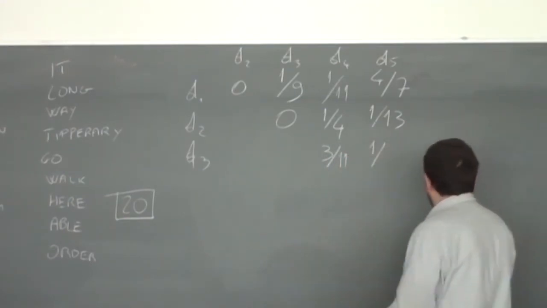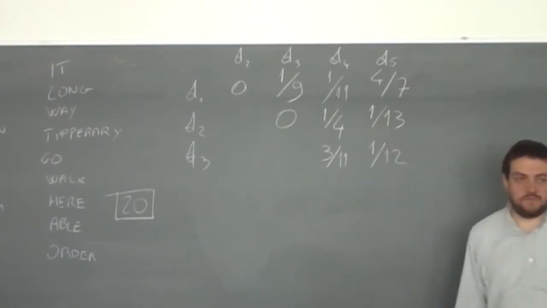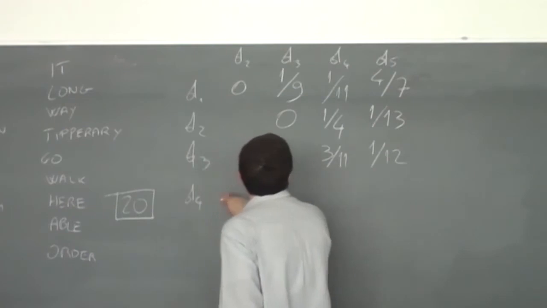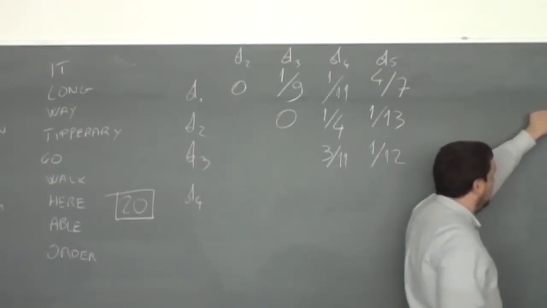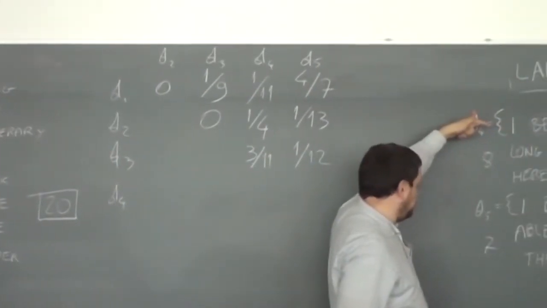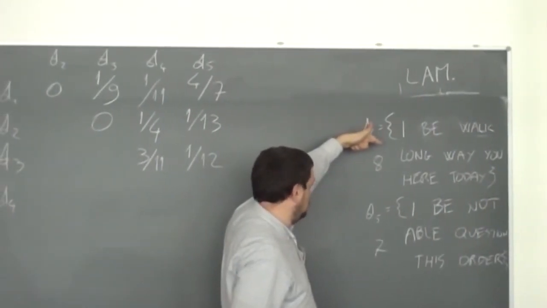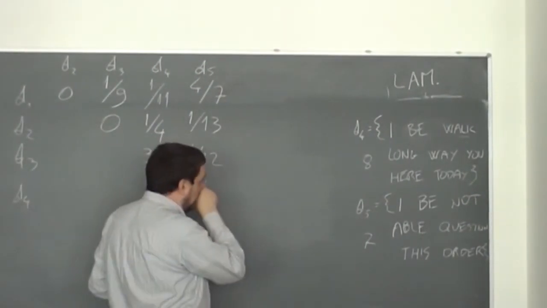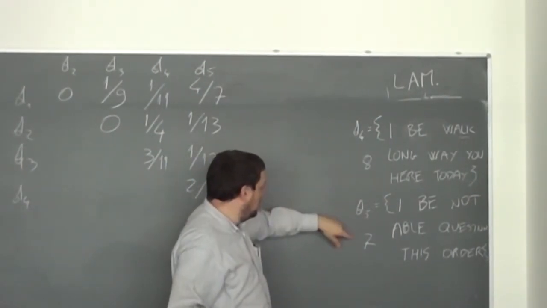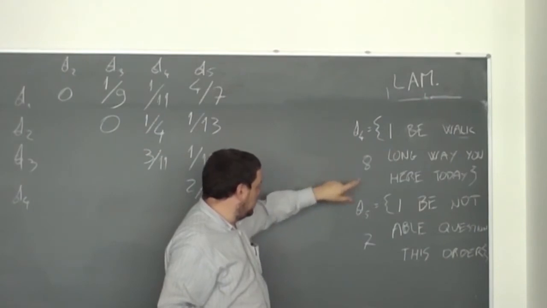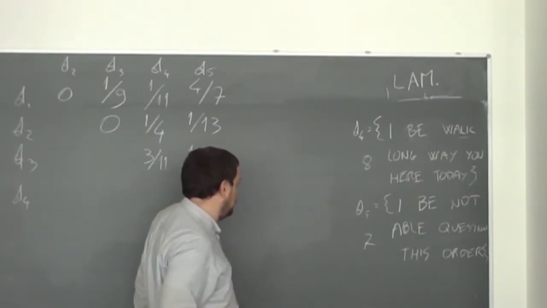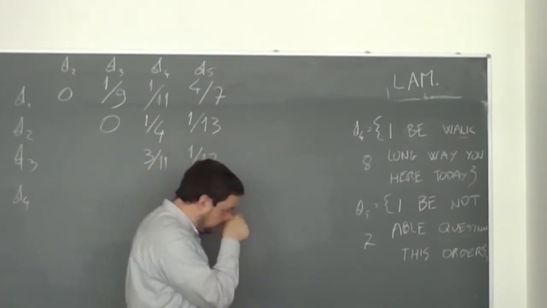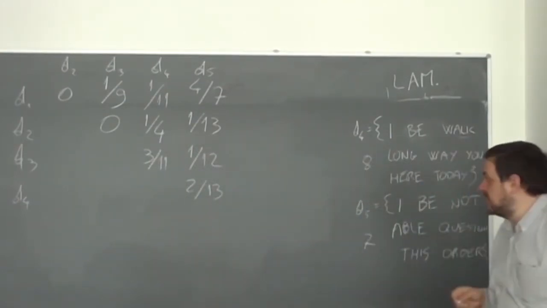So it's 6 plus 7 minus 1, 1 over 12. And finally, the similarity between D4 and D5, I, B, and nothing else, so it's 2 out of 8 plus 7 minus 2, so out of 13. So it should be similar to this.